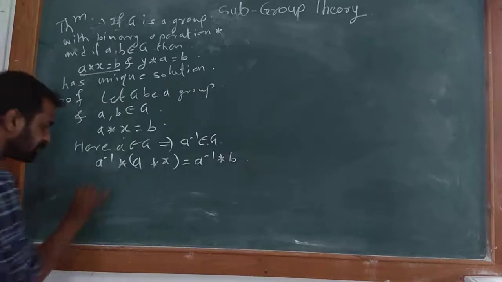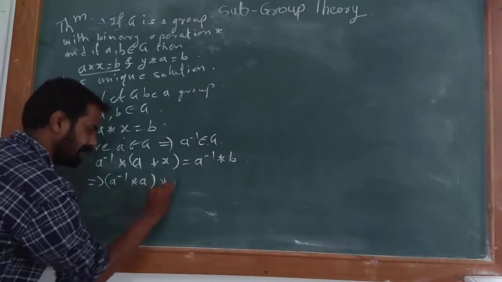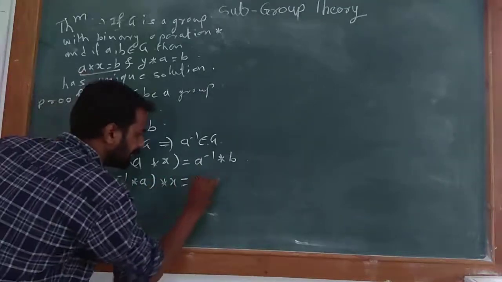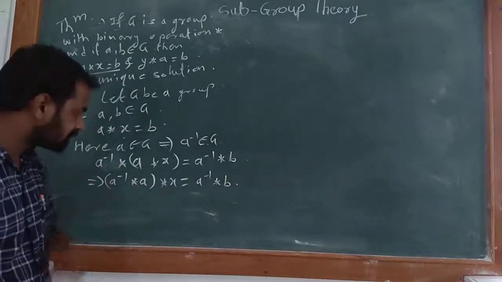Therefore, by associativity, we get A inverse star A star X is equal to A inverse star B. We know that A inverse star A is equal to identity.